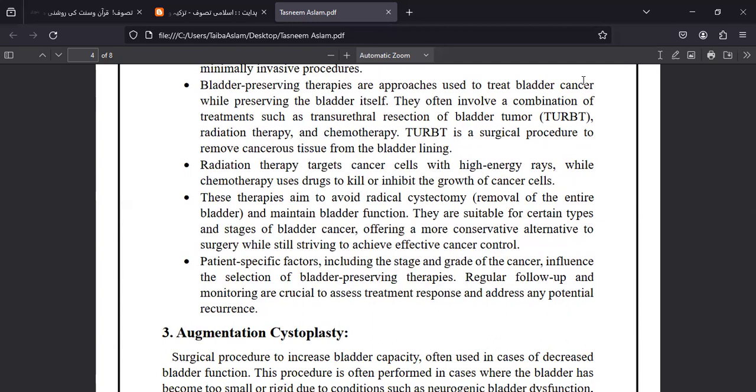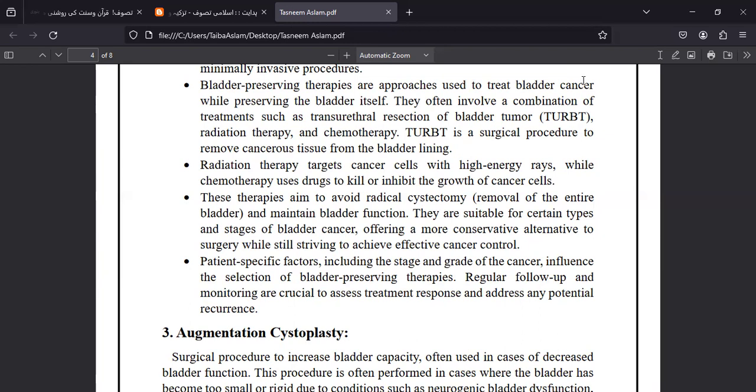These therapies aim to avoid radical cystectomy, removal of the entire bladder, and maintain bladder function. They are suitable for certain types and stages of bladder cancer, often a more conservative alternative to surgery, while still striving to achieve effective cancer control.